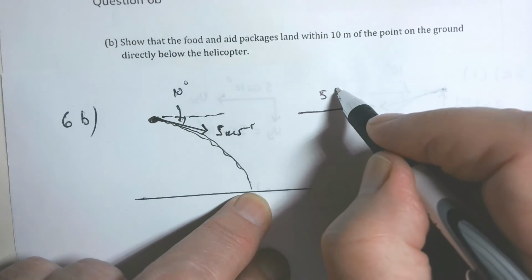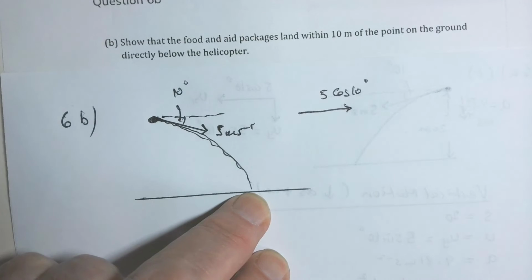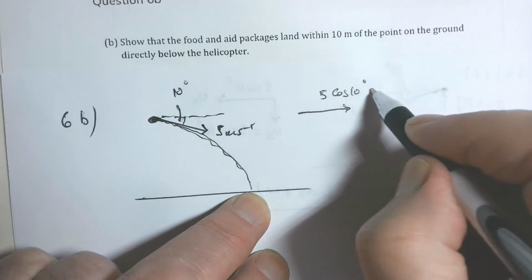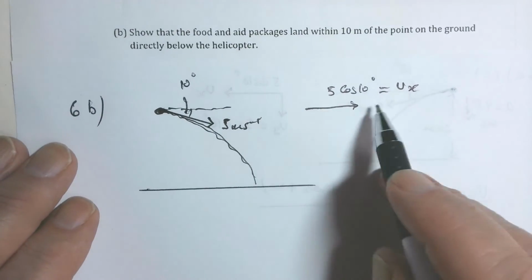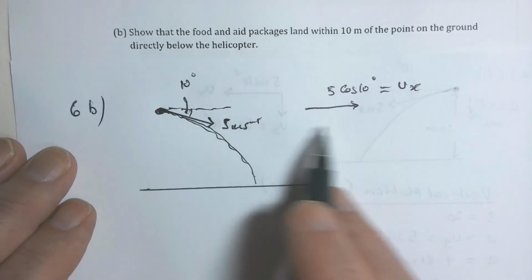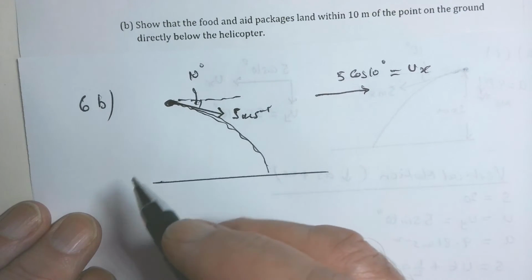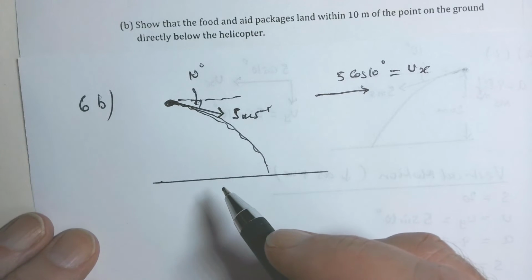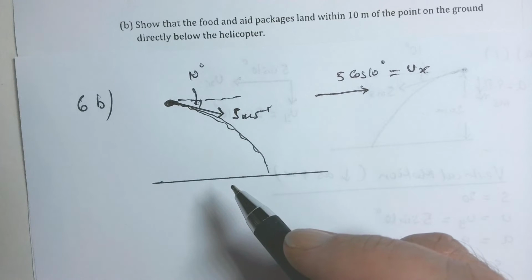So 5 cosine 10 degrees was the horizontal component of this velocity, which we called ux. And that's what we're going to be interested in. We're not going to be interested in the vertical motion now, we're only interested in the horizontal motion.